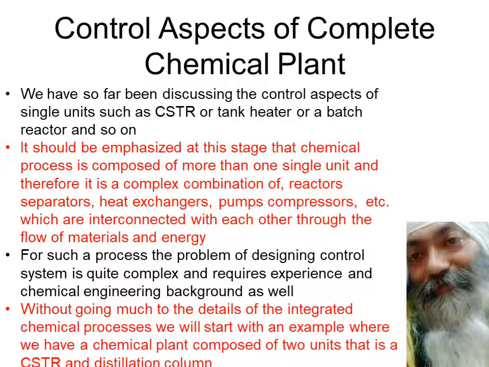The whole thing becomes too challenging and too interesting for us to handle. But we will take small baby steps. This is your first course in process control, so you will be able to understand that the moment you connect two single units, things become too complex. That's what you're going to see in the subsequent slides.